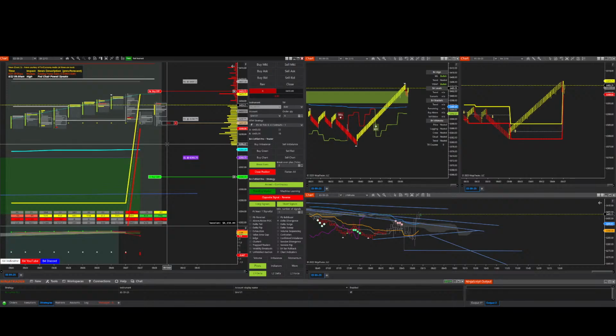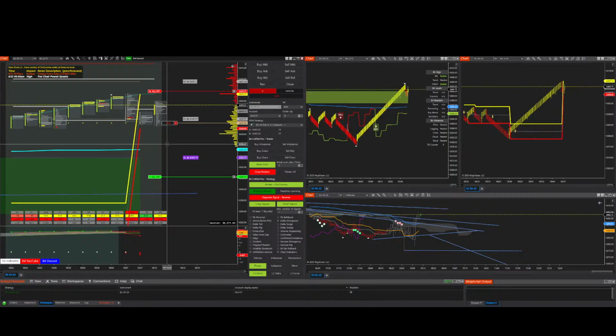Now, of course, again, this was a discretionary decision to initiate the trade. Ichimoku wise, we are full on bullish.